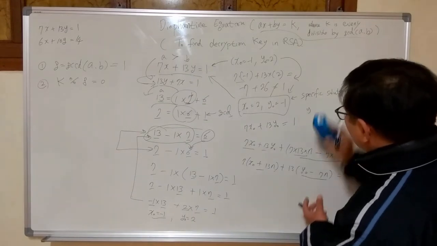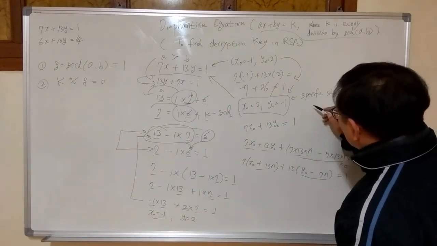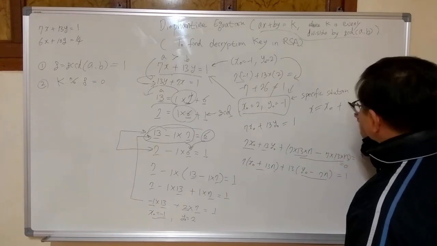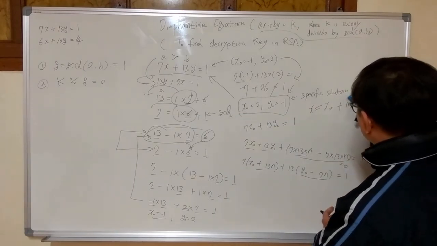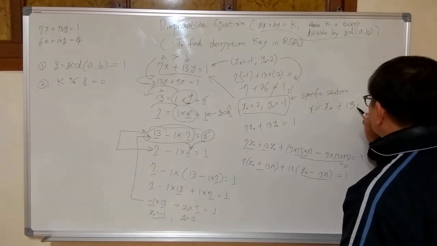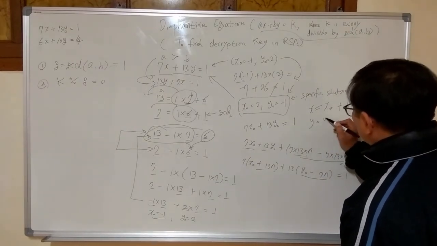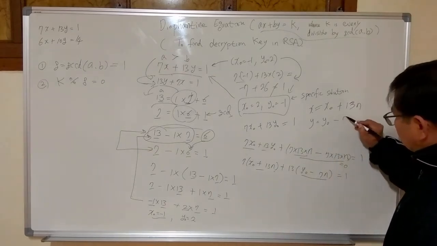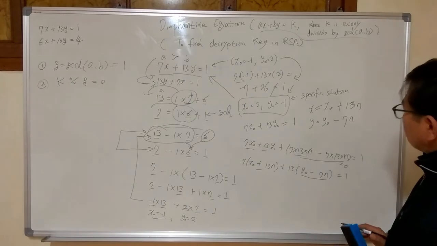x equals x0 plus 13n, y equals y0 minus 7n, like this.